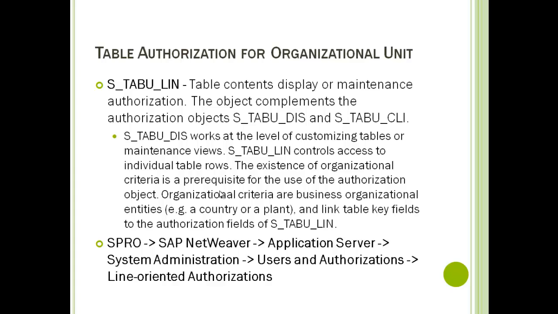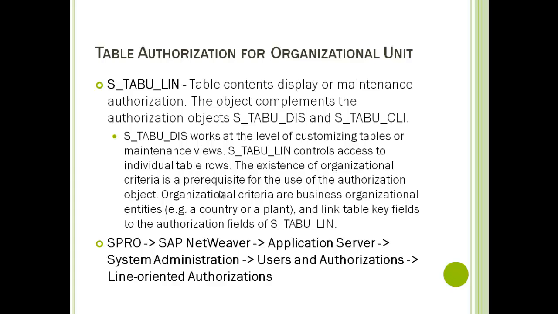So S_TABU_DIS will restrict an entire set of tables using an authorization group. S_TABU_NAM will restrict one specific table, but the entire table. The object S_TABU_LIN controls individual rows of the table.